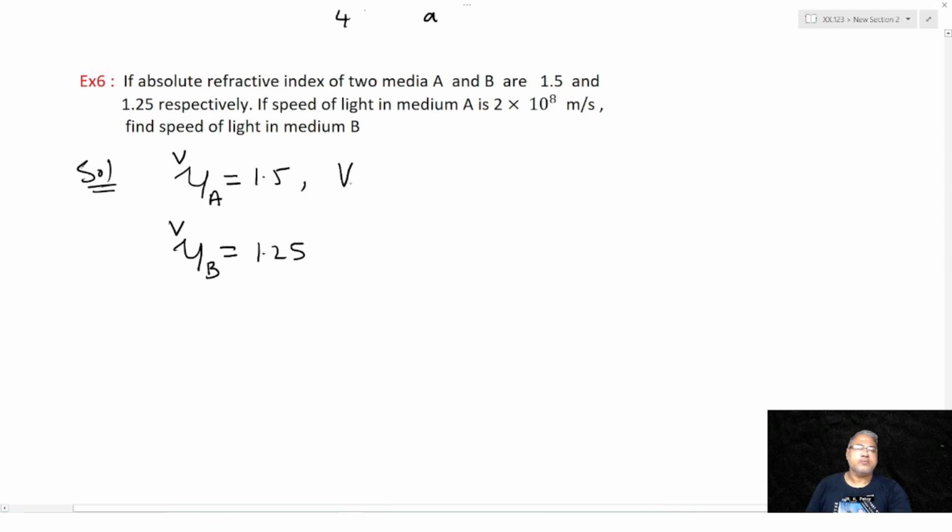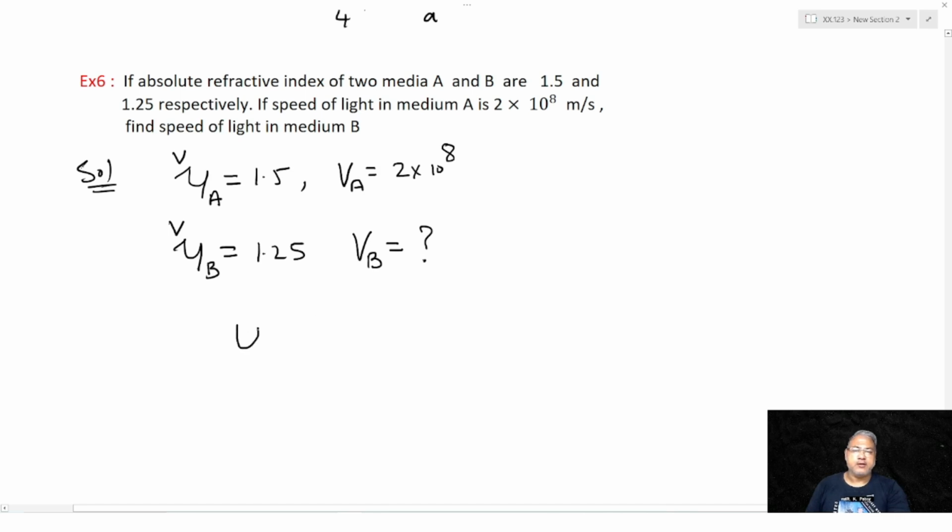The speed of light in medium A is given as 2 into 10 raised to 8. We have to find the speed of light in medium B.